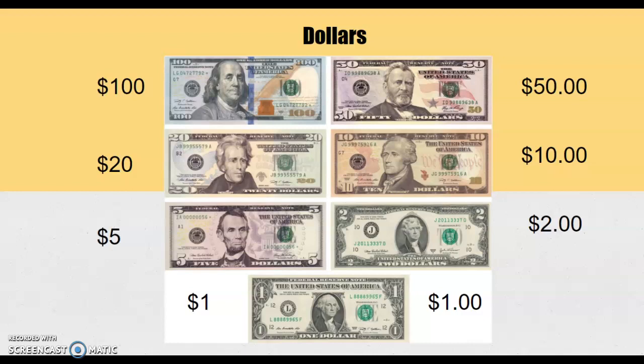Okay, so for the $50, you see 50, then you see that decimal point, and then 2 zeros. Can everyone see that there? I did it for the 50, the 10, the 2, and then I actually did it again for the 1 there on the bottom, the $1. I've added the decimal and the 2 zeros.